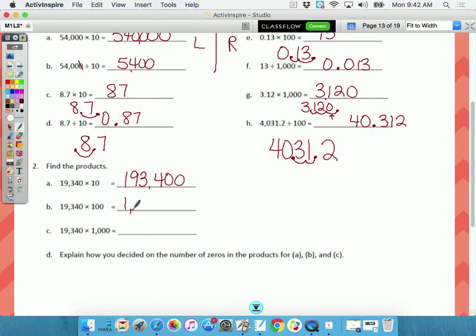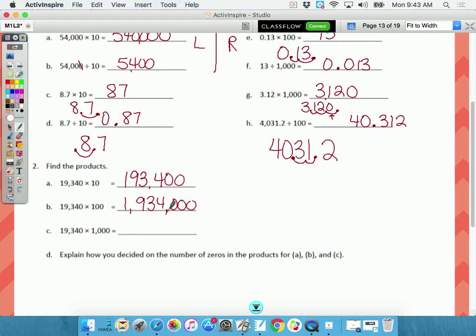193,000. Wait, no, 193 million. 1,934,000. There you go. Is that what you had written down, Hayden? Yeah. Okay, all right. And Hayden's going to tell us the next one. Wait, that one was C. Okay.